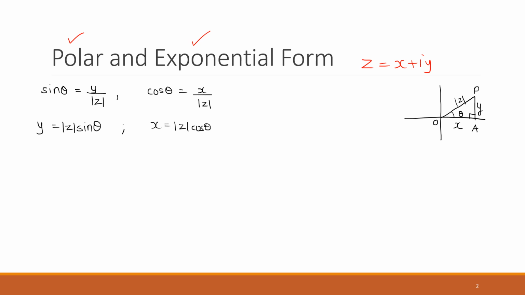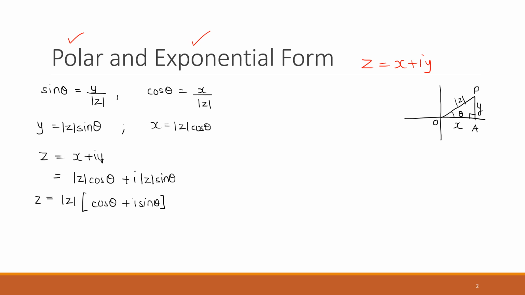Now what will I do? I'll replace x plus iy with the found values. So how much is x, children? Mod z cos theta. And what is y? Y is mod z sin theta, correct? Now I will take mod z common. So what remains inside? Cos theta plus i sin theta.